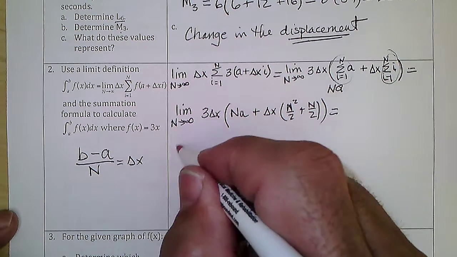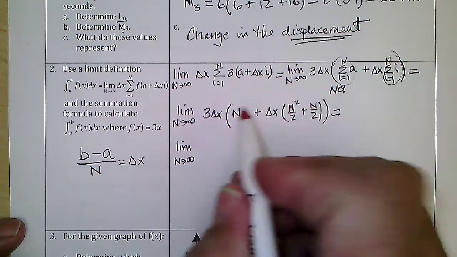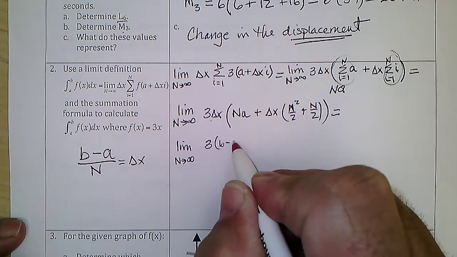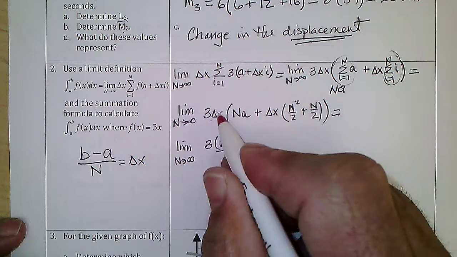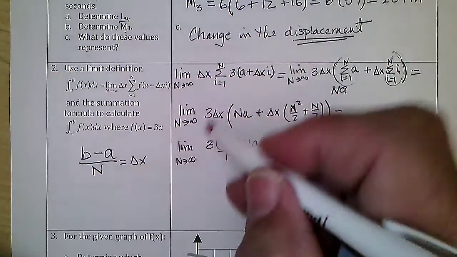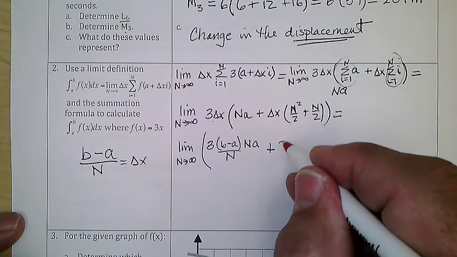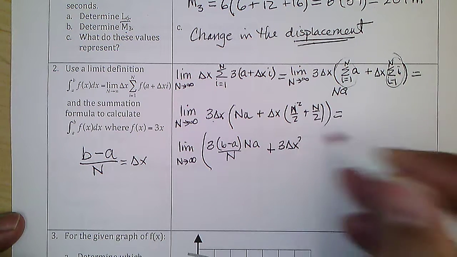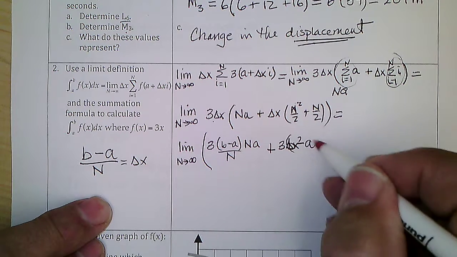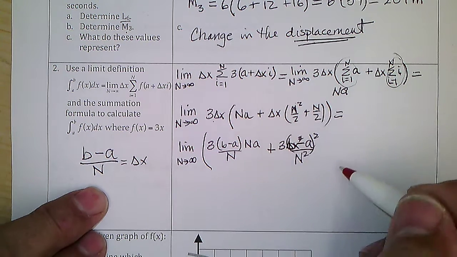So this becomes the limit as n approaches infinity of 3 b minus a over n, that's delta x, times n a, plus 3 delta x times delta x is 3 delta x squared. And delta x is b minus a squared over n squared. Got to square the numerator and denominator.